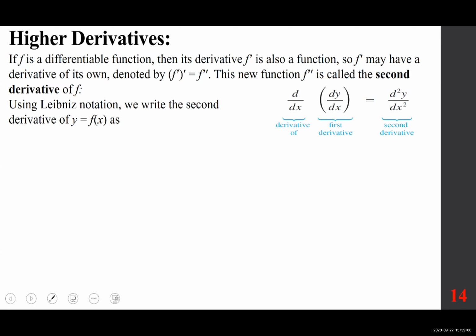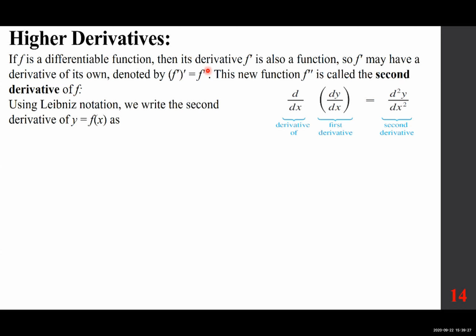In any event, taking d dx, the derivative of dy dx gives us the notation we call d2y dx squared, and I'm going to read it that way. It simply means the second derivative. And one easy way is f double prime, okay.